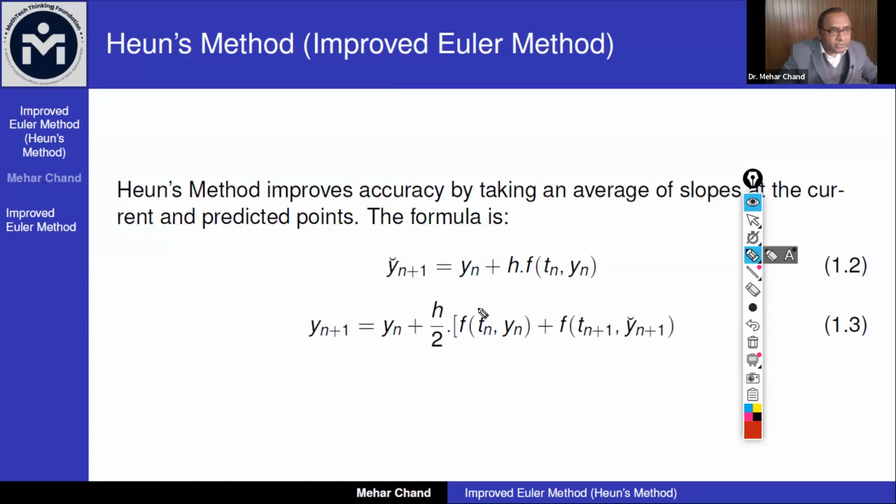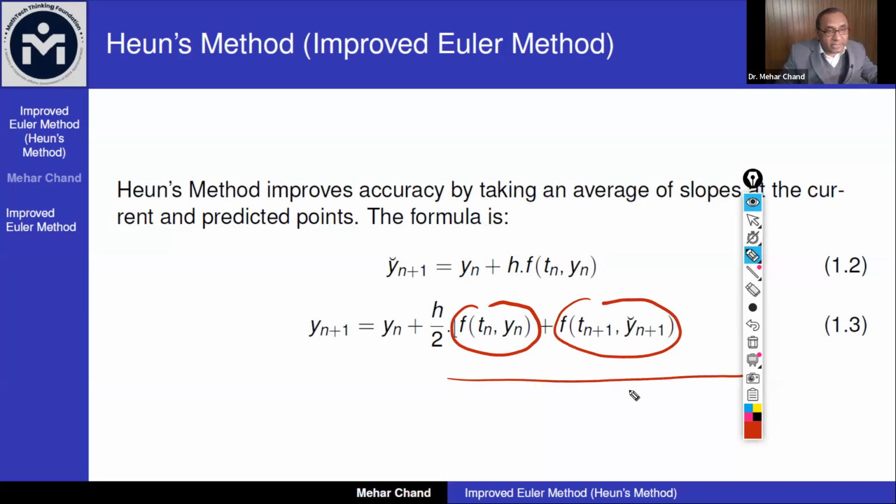Yes, see. So this is the first slope, and this is the slope at the point C, in this way. These are the points. This is the point Tn, and this is the point Tn plus 1. The slope at this point is this one, and the slope corresponding to the other point is this, and this is the average.